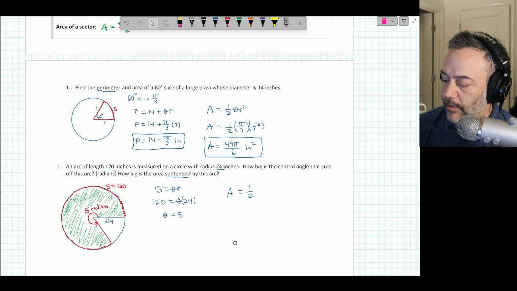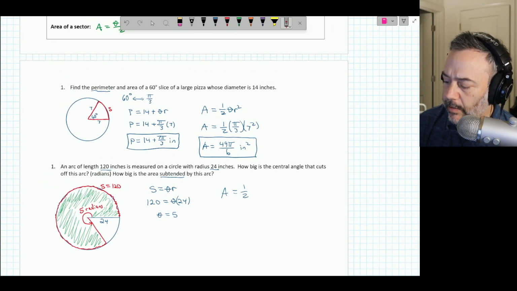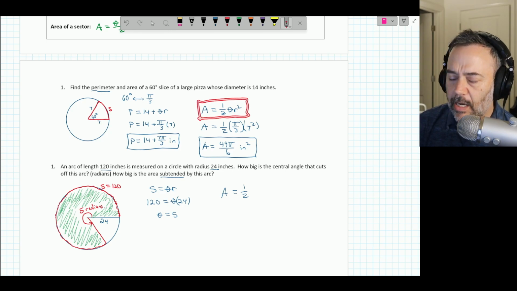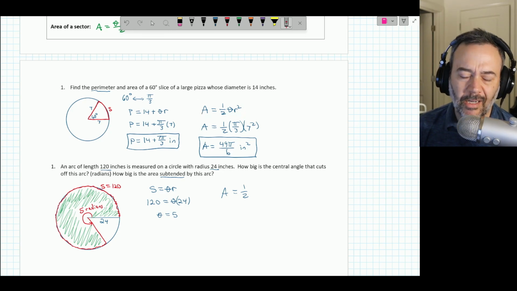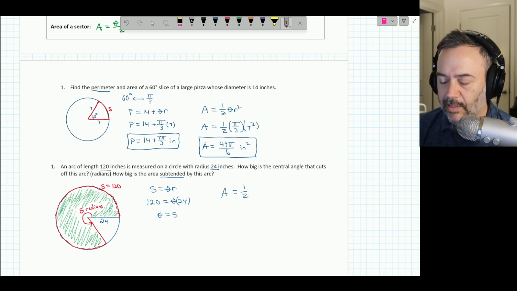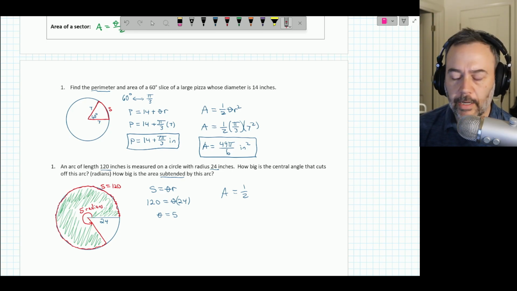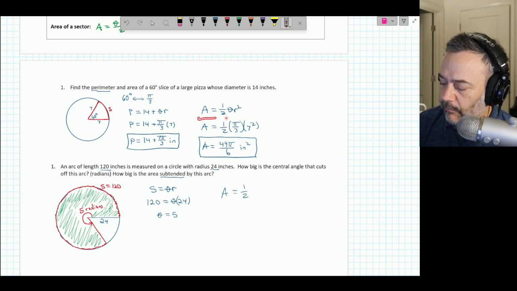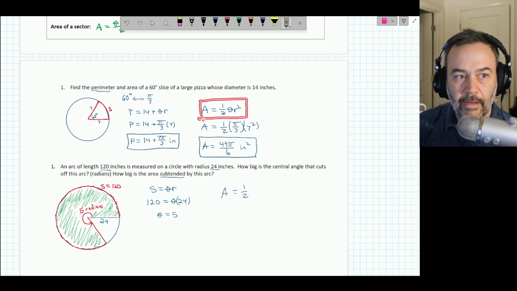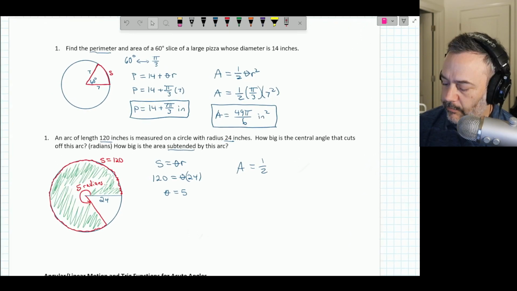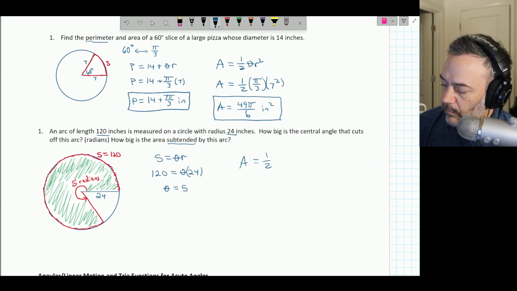Again, you need to really memorize these two formulas. They come up in applications that you'll see in the future in pre-calc and calculus. So we got our formula, area equals 1/2 theta r squared. And we want to know the area.